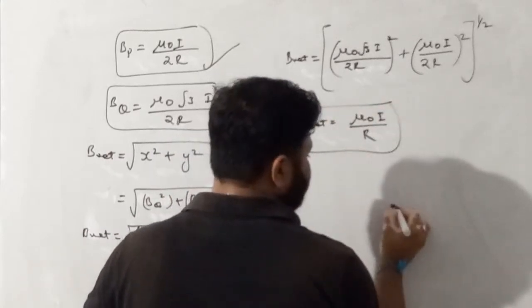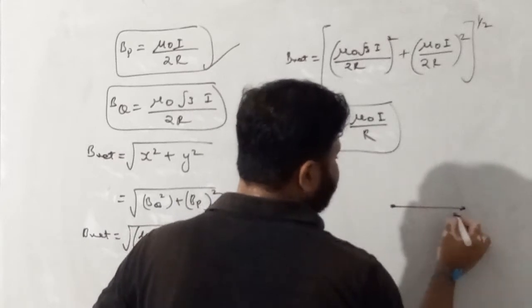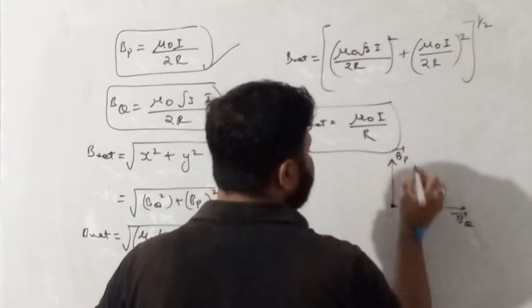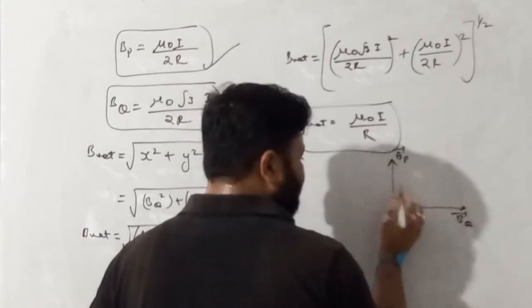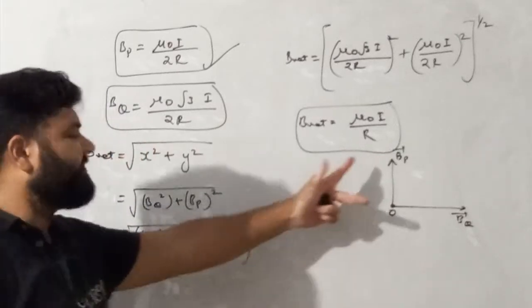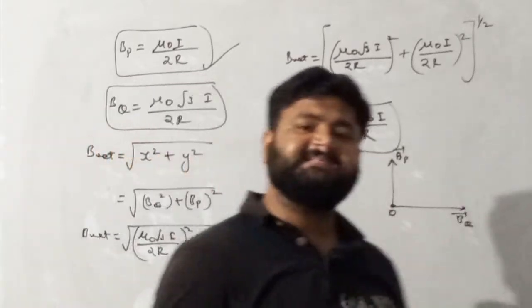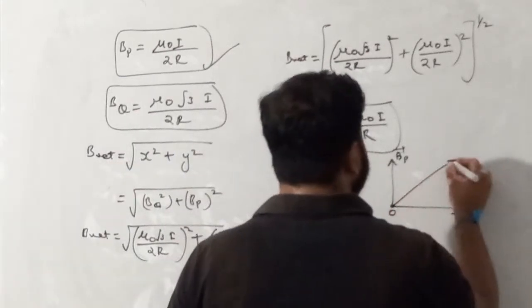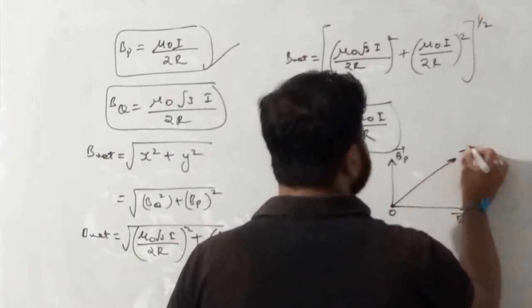Now see, this is the direction of magnetic field due to the Q coil, this is the direction of magnetic field due to the P coil. So remember, if from a common point magnetic field is acting in two different directions, then we have to find the net magnetic field, and the net magnetic field is always between both.